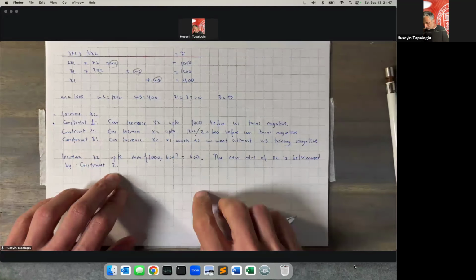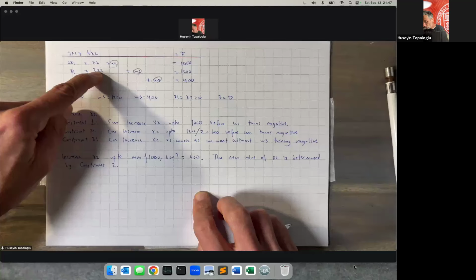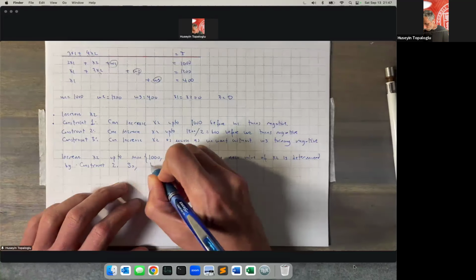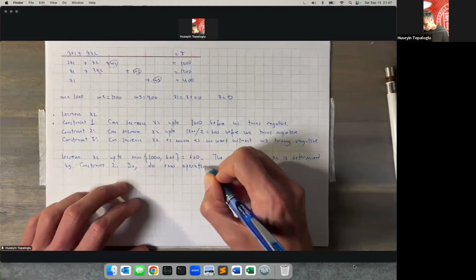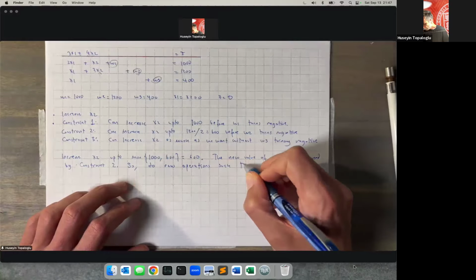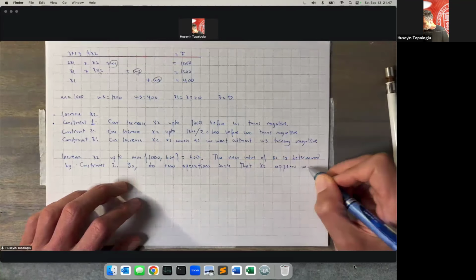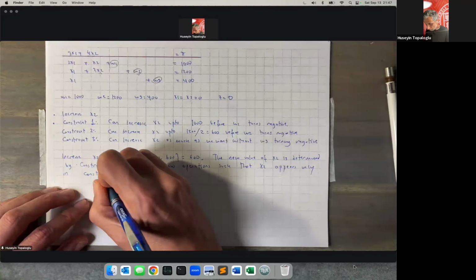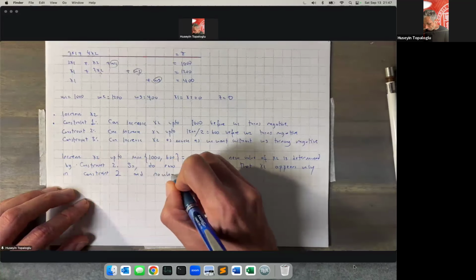So then we're going to do row operations such that x2 appears only in constraint 2 with a coefficient of 1 and nowhere else.